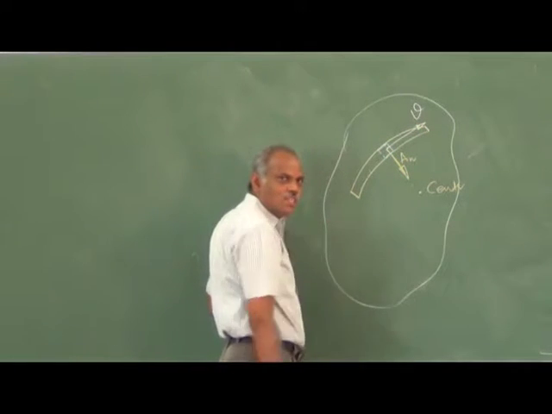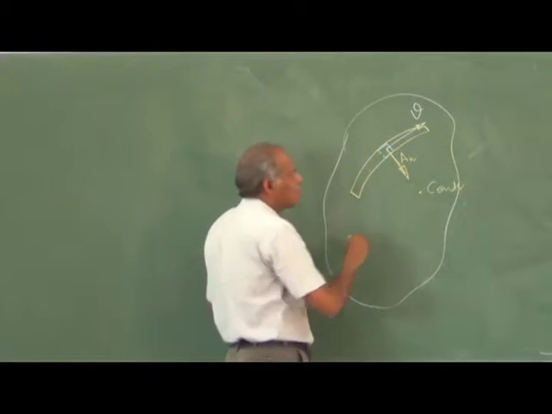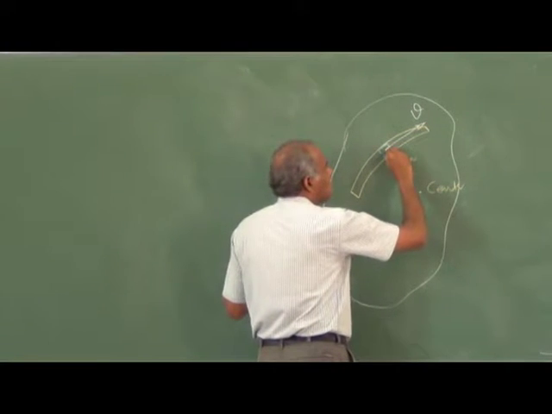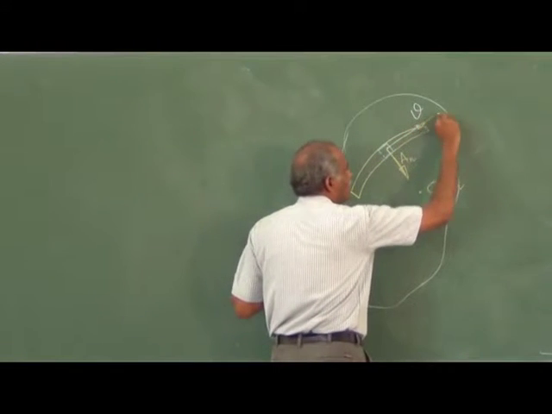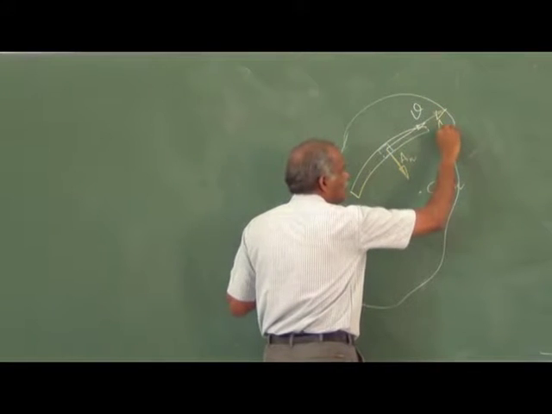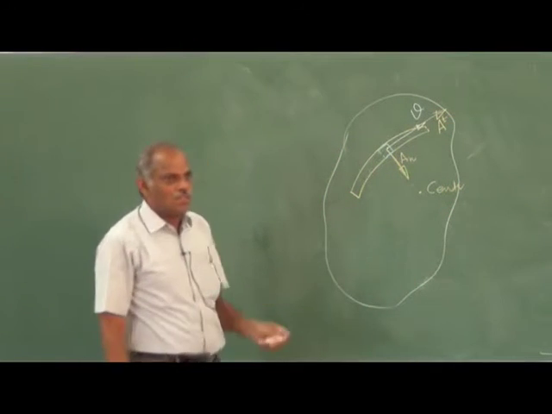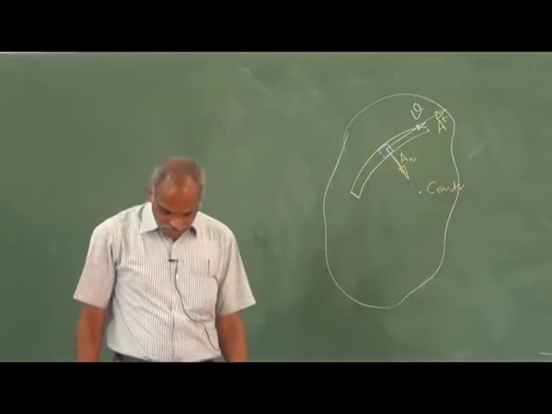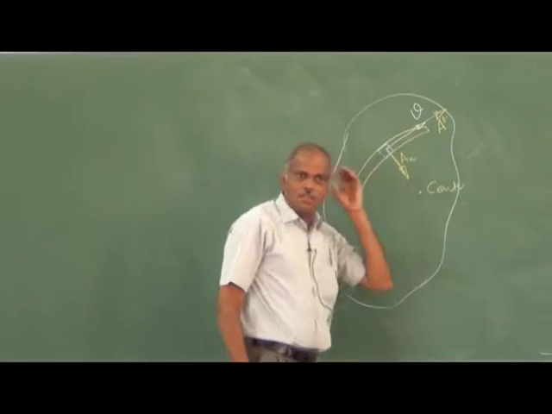Its velocity is changing with respect to time. Probably you take it as increasing with respect to time. Then the acceleration can be in the same direction. Then it is the tangential acceleration. Okay, that's another component.